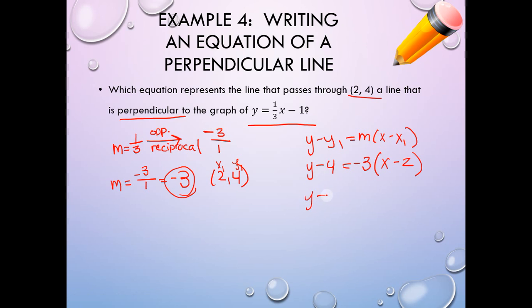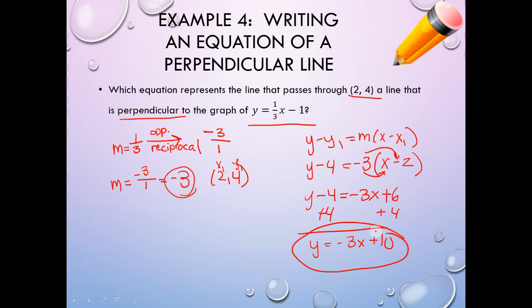So I can have y minus 4 equals -3x. -3 times -2 is a +6. All I did there is distributive property. And let's add 4. Get y alone here. y equals -3x plus 10. Notice how both the slope and the y-intercept are different on this one, because they are perpendicular.